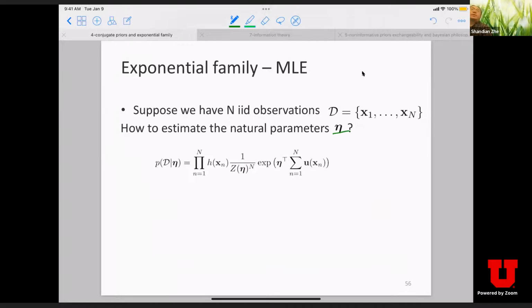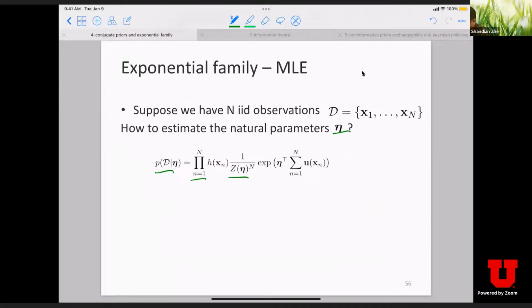As usual, we just write down the joint likelihood, we take a logarithm, we maximize the joint likelihood, and we estimate the parameter eta. It's very mechanical. If you write down the joint likelihood over these n observations, you go over big N examples, so you multiply the likelihoods together.